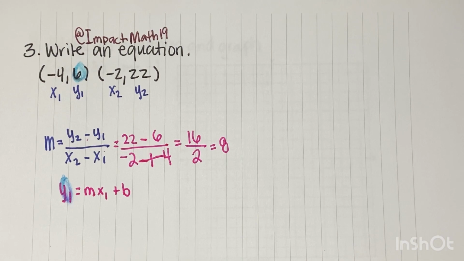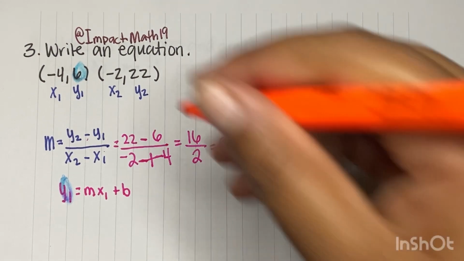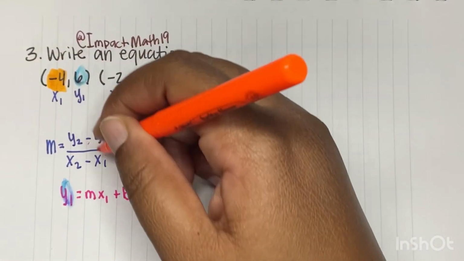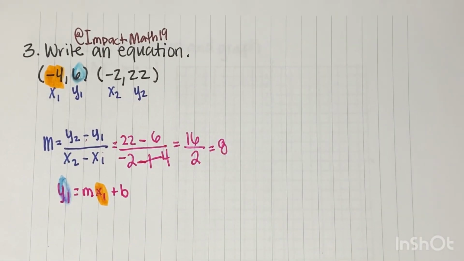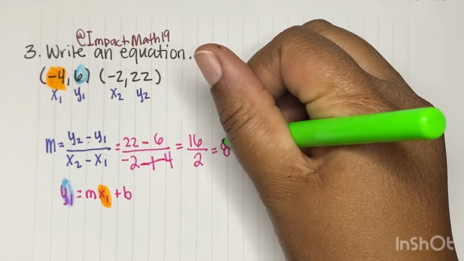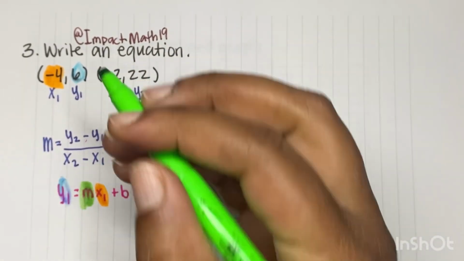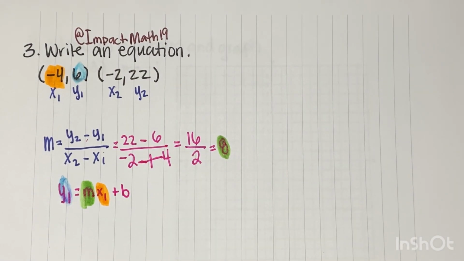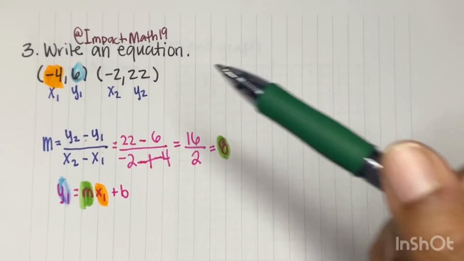And then I'm going to put my x1, which is -4, in for my x1 into the equation. And then don't forget, that's why we solved for our slope right here, which is 8, to plug in right here, because we're looking for our y-intercept, which is our b. So let's do the plug in.